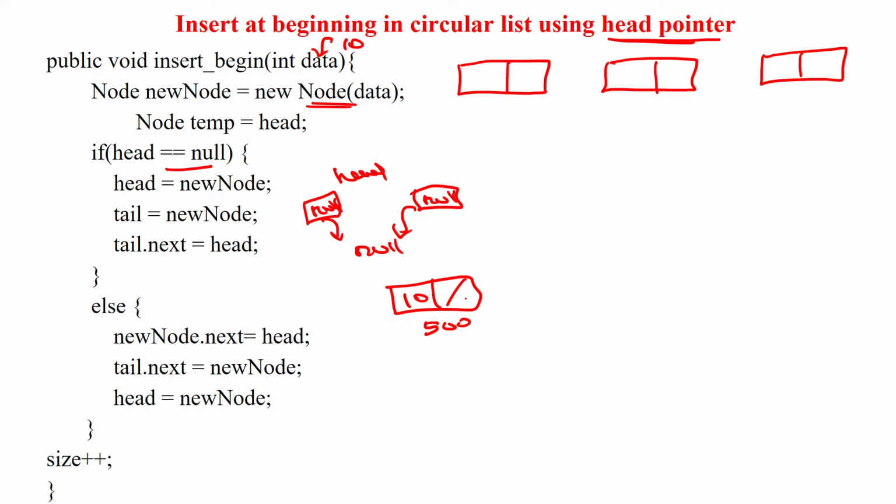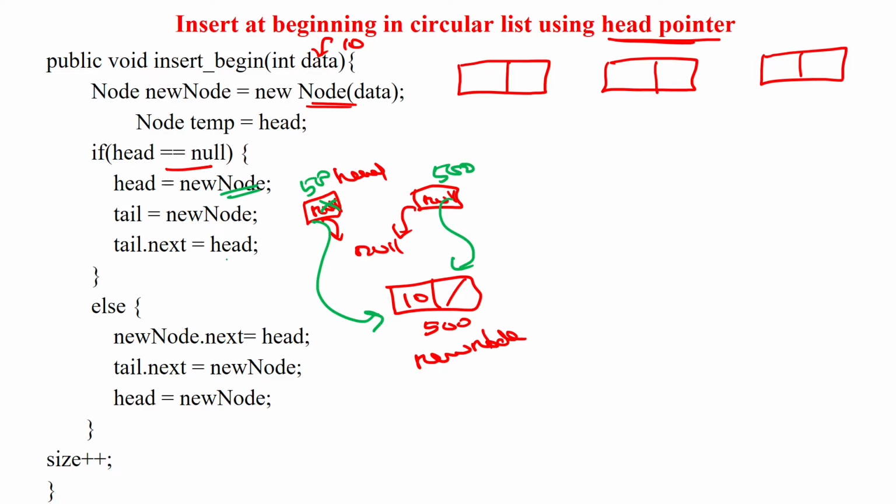Now I am going to assign this new node into the list. Head is going to point to the new node, so the null will be overwritten as 500. And tail also will represent the new node, so null will be represented as 500.